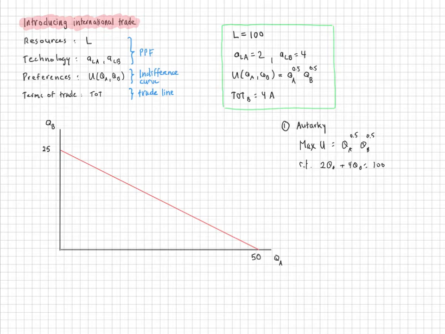All right, so from intermediate microeconomics, you probably remember that the optimal amount of QA would be equal to the exponent, 0.5, times the income, if you will, which in this case is the number of workers, divided by the price, which is the unit labor requirement. So the optimal amount for consumption will be equal to 25 of good A, and the optimal amount of consumption of good B will be equal to 12.5.